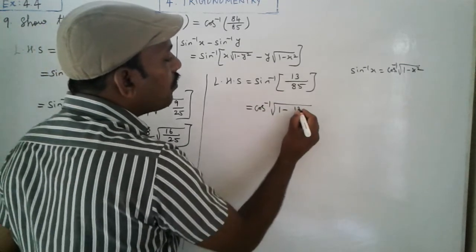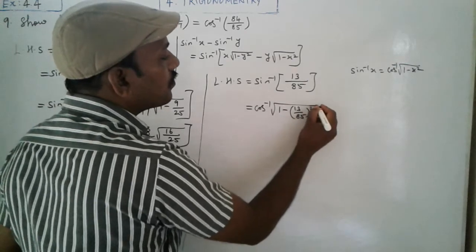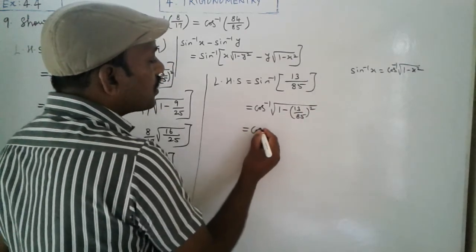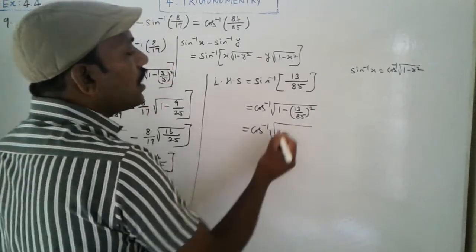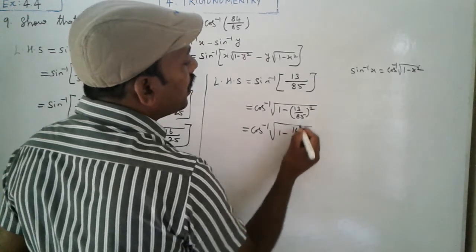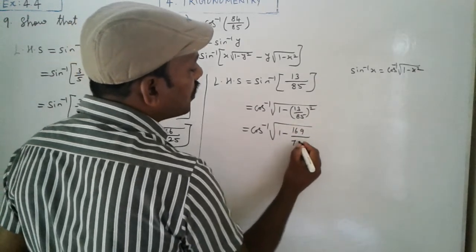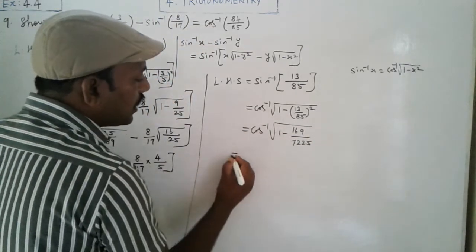So (13/85)². So that is equal to cos inverse of root of 1 minus 13 squared, which is 169, divided by 85 squared, which is 7225. Now take the LCM.